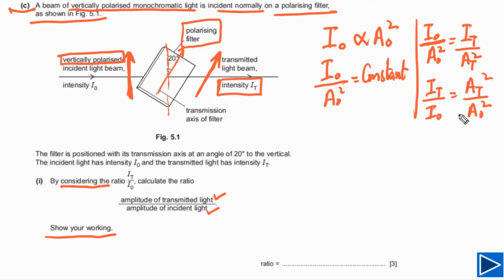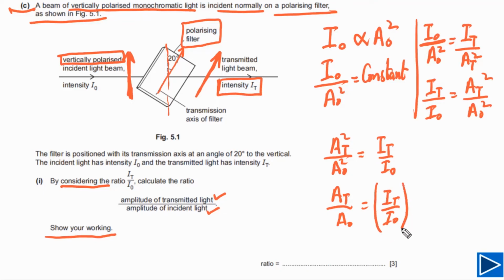We have to find the ratio between these two, so AT over A naught, this is equal to the square root of IT over I naught. Means the power of this one is 1 by 2.